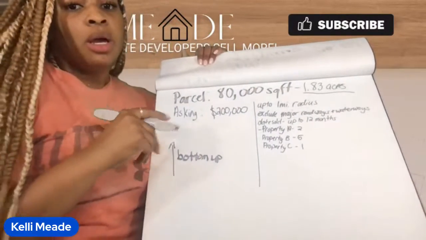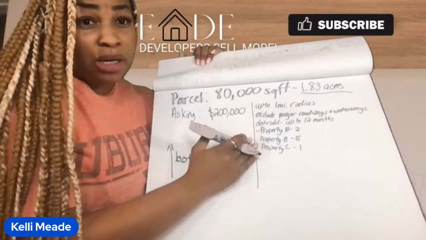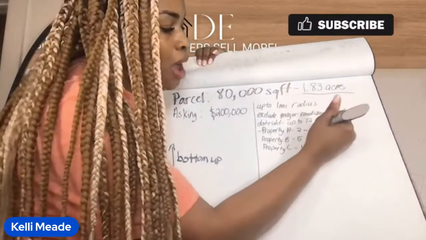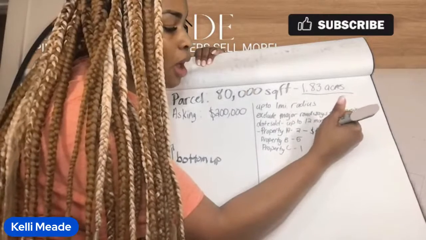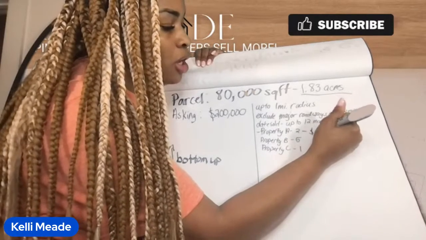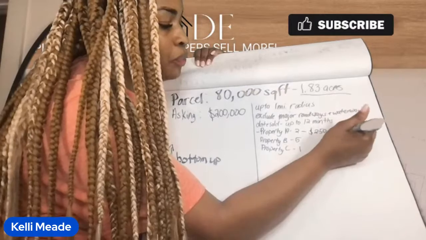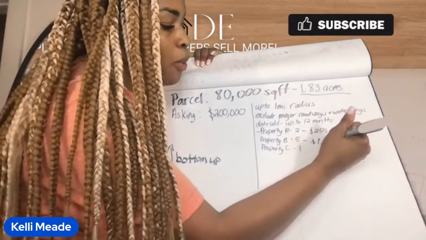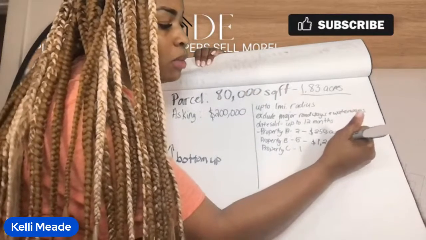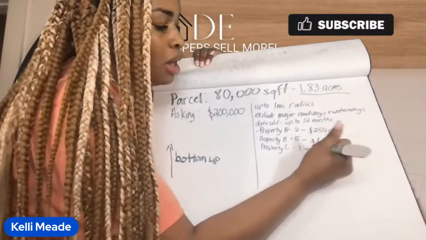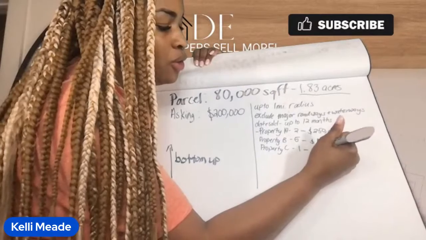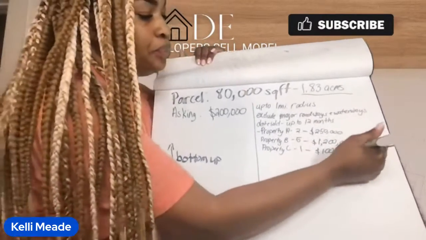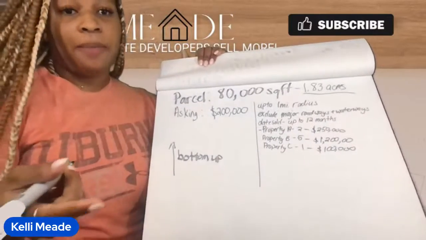We can use all of these properties, but we're going to look at what they were sold for. Let's say property A was sold for $250,000, property B was sold for 1.2 million, and property C was sold for 100,000. So what do we do with that?